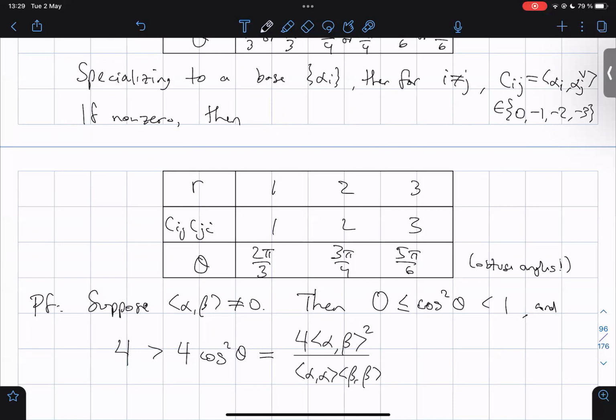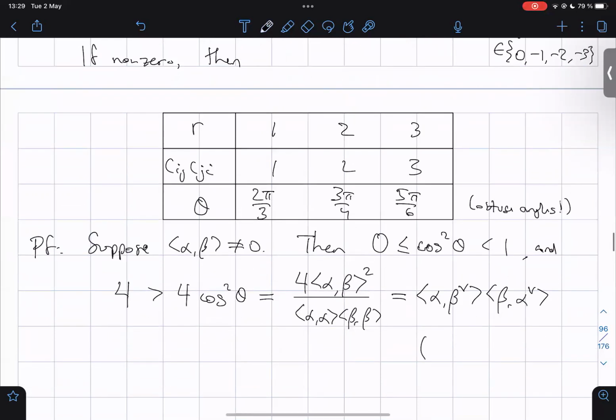The 4 is there because I'm going to break it up into 2 times 2 so that I'm getting one of these co-root expressions coming up. So this is alpha beta check times beta alpha check. Remember, alpha check is 2 alpha over alpha alpha, similar for beta.